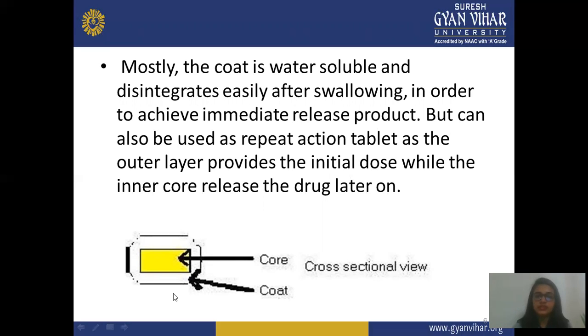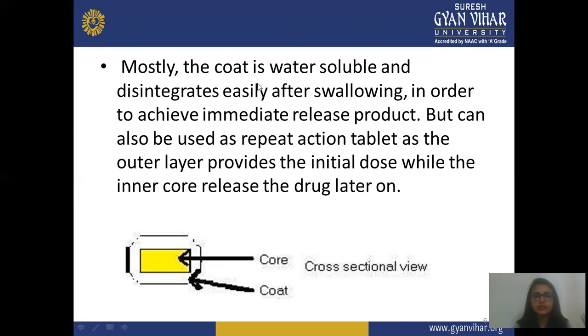First is internal and second is outer. The internal is known as the core and the outer is known as the coat. With the help of this, the tablet releases or disintegrates slowly through the core material or outer material. Due to this cross-sectional area, the tablet may release slowly and the drug disintegrates slowly according to the required amount.